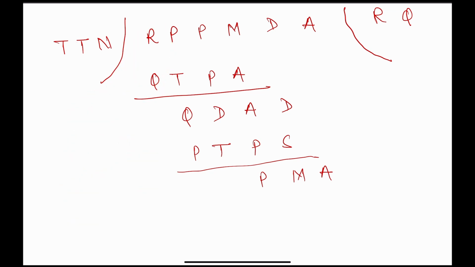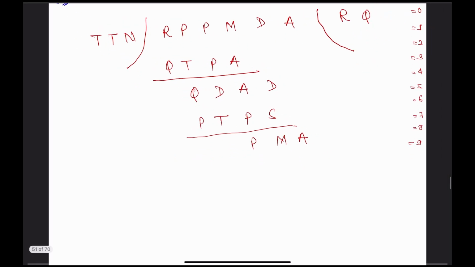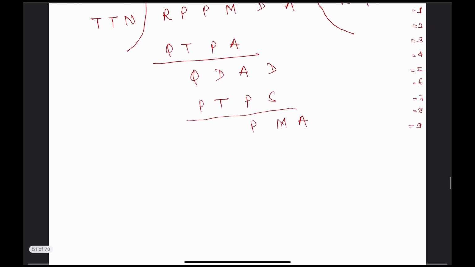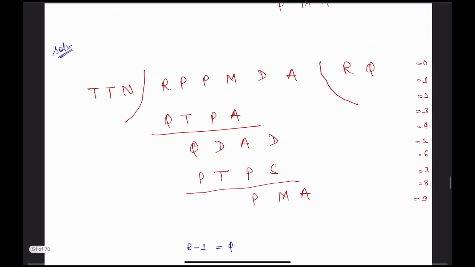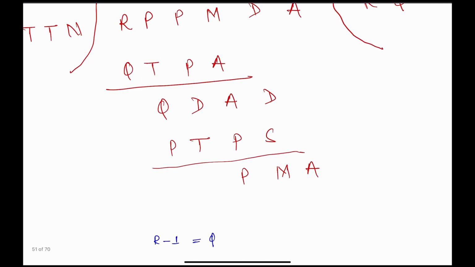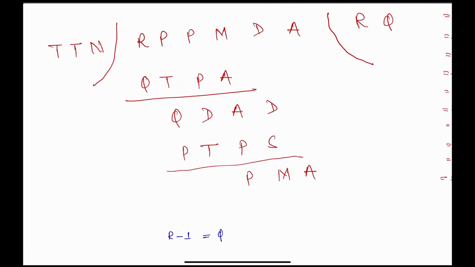So I can say with my initial observation that r minus 1 is equal to q. If I see the same thing over here, just like here I found these two numbers, here also will be the same condition.